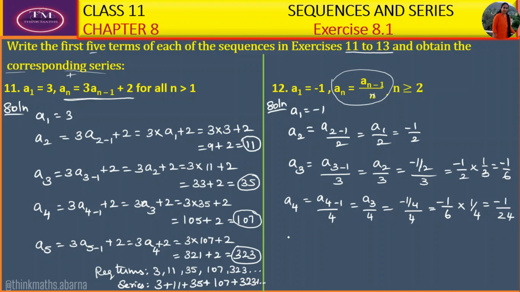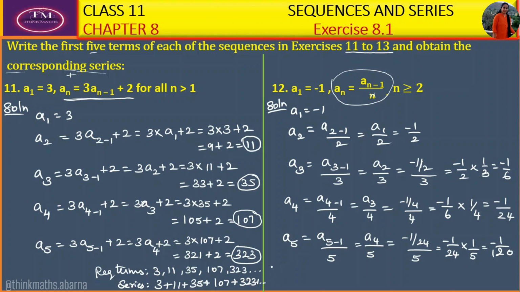Clear? Next, a5. a5 is equal to a5 minus 1 divided by 5. So that is a4 divided by 5. What is a4? a4 is minus 1 by 24 divided by 5, which is equal to minus 1 by 24 into, this 5 by 1 will become 1 by 5, which is equal to minus 1 by 120.